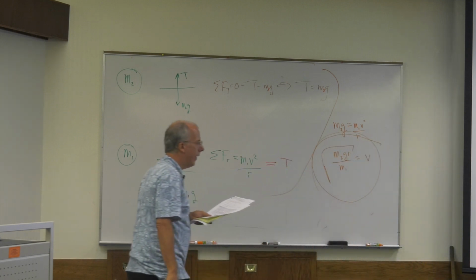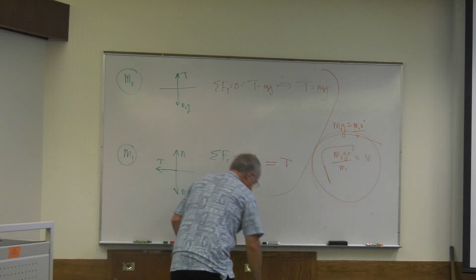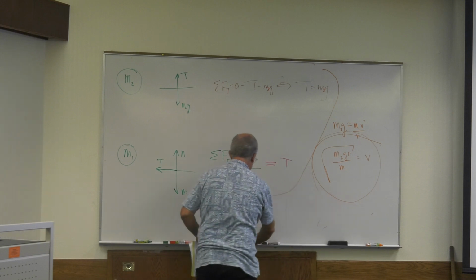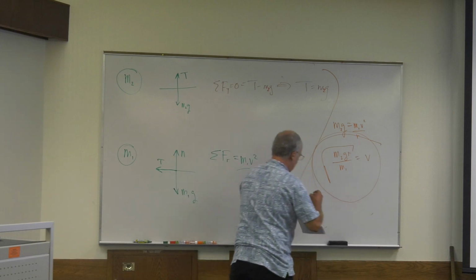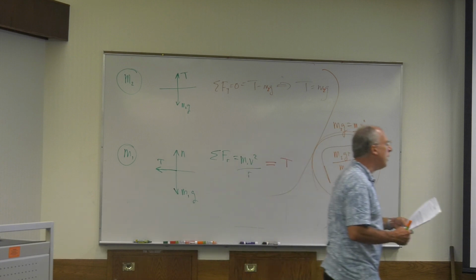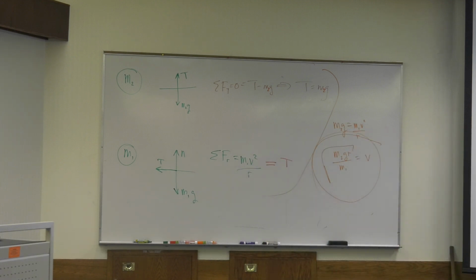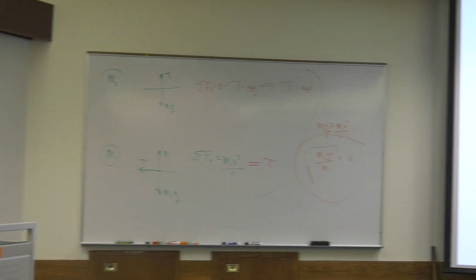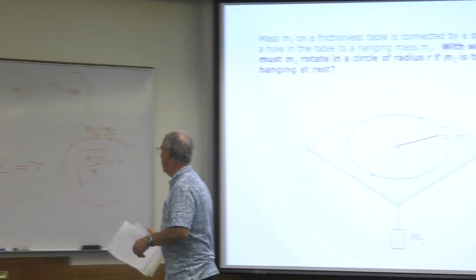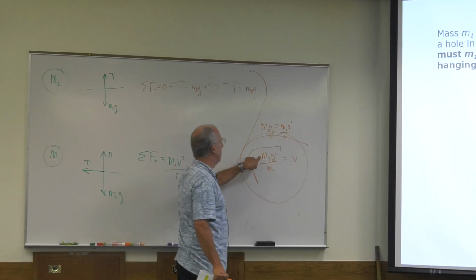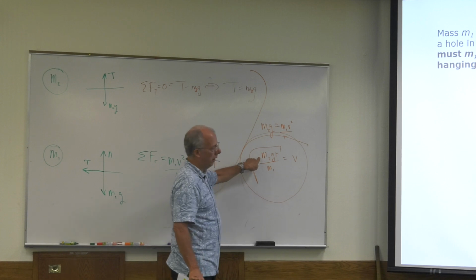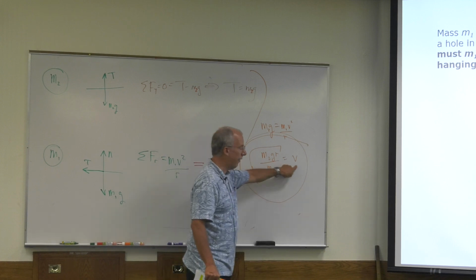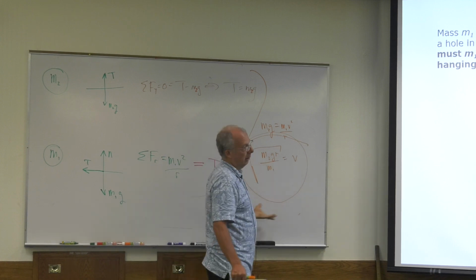Now, let's see if it makes sense. It's also a good idea to see if it seems reasonable. If M2 is really, really massive, you would expect that M1 has to go really, really fast. Well, let's see. Yeah. If M2 is really big, since it's in the numerator, V would have to be really big.